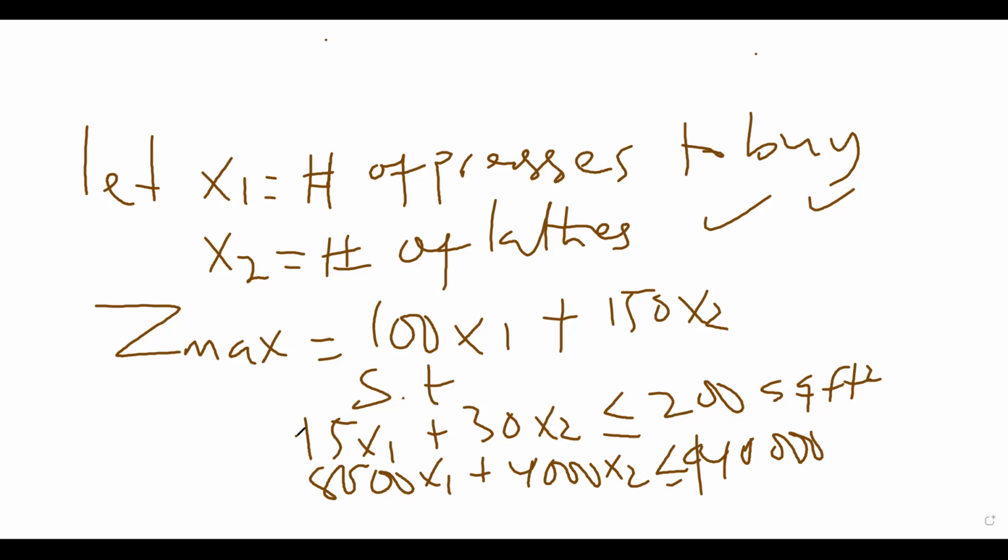And then we need your non-negativity constraint, which is x1, x2 non-negative. But we know that all of these are integers. So how do you add that part to indicate that they are integers? Simple. You can just write x1, x2, and then add integer.